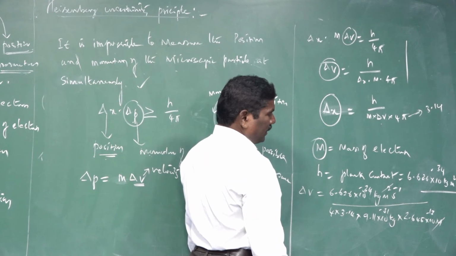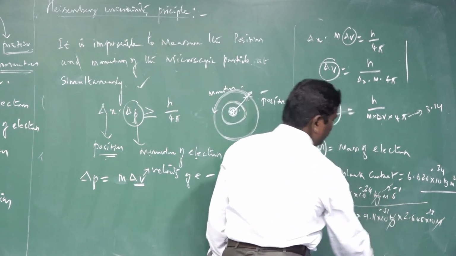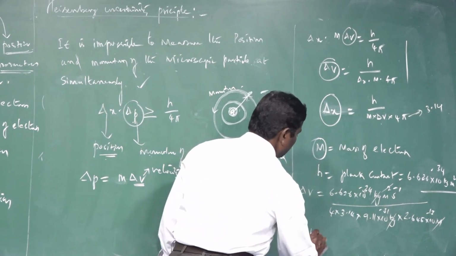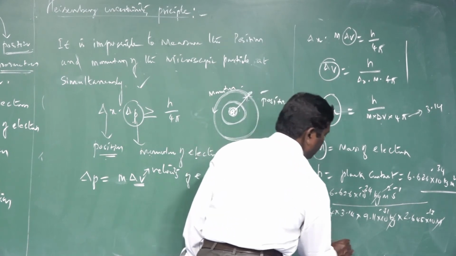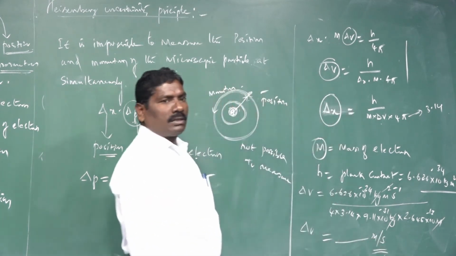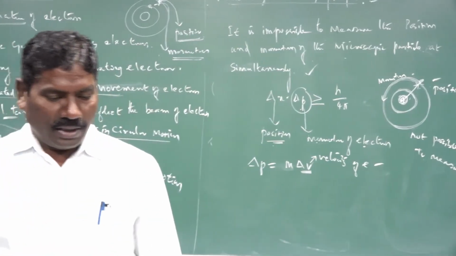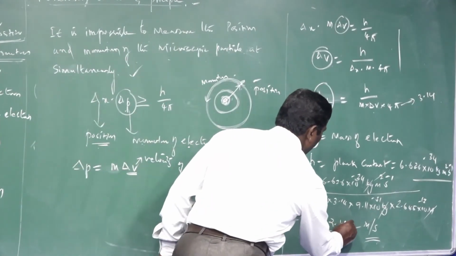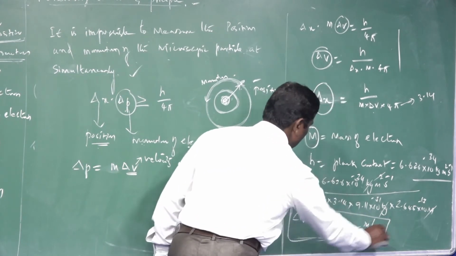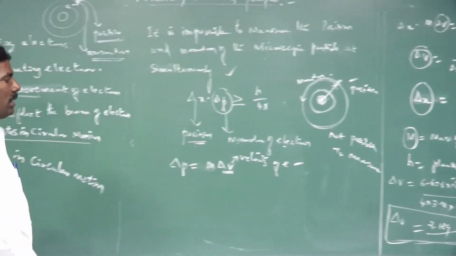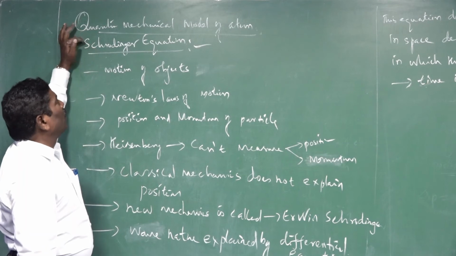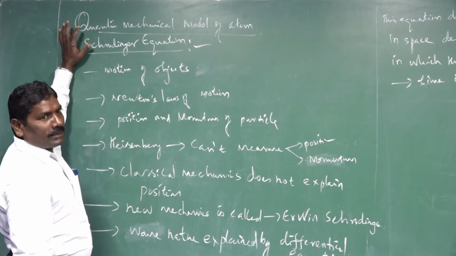Kilogram cancels. Consolidating all this, finally you will calculate the velocity. The unit is meter per second, and the value is 2.189 meter per second, the velocity of the electrons, which we can calculate by using the Heisenberg uncertainty principle.